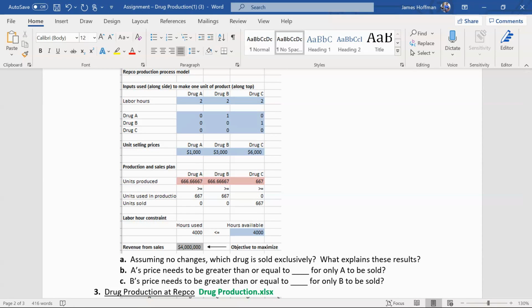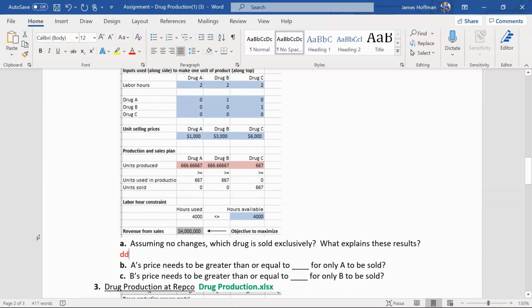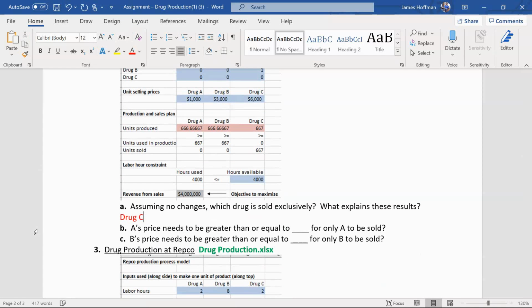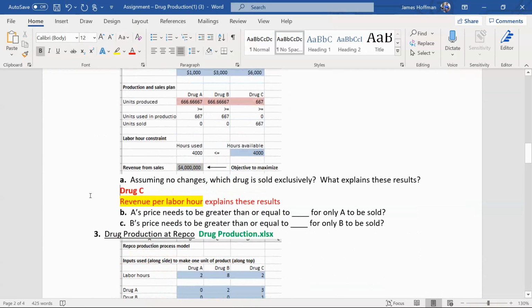It's not always going to be the same answer, but if you look at the units sold, no drug A's, no drug B's, we're selling 667 drug C, so the answer here is drug C. Okay, so drug C is the one being sold, and revenue per labor hour explains these results.